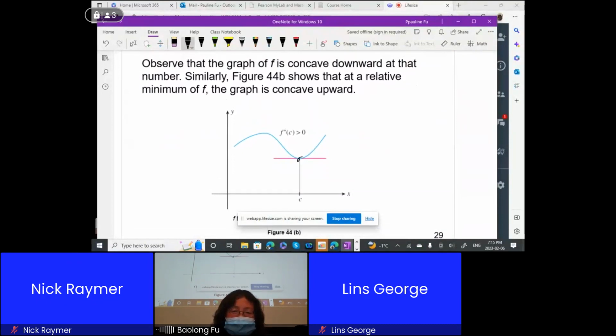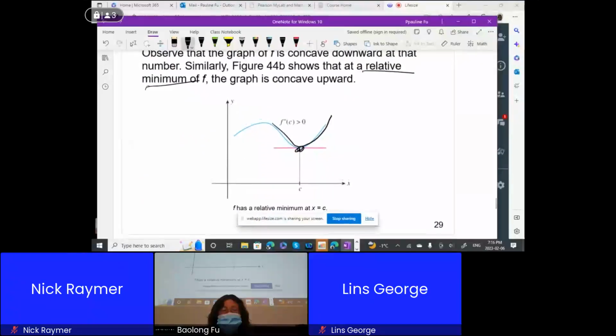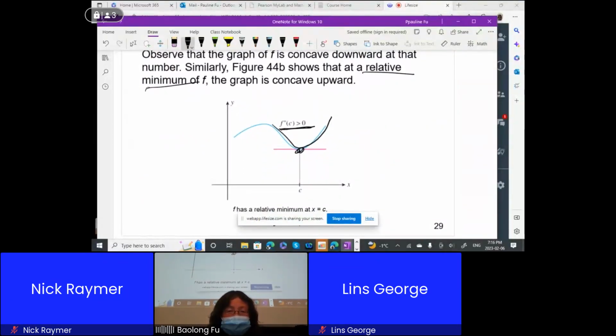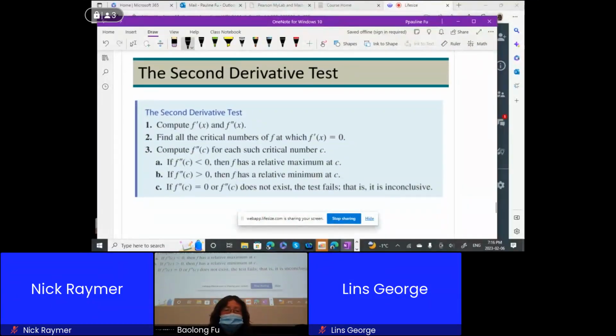And this graph shows this point is a relative minimum because the graph is concave up, when the second derivative is greater than 0. This is the second derivative test. Do the first derivative, then the second derivative.